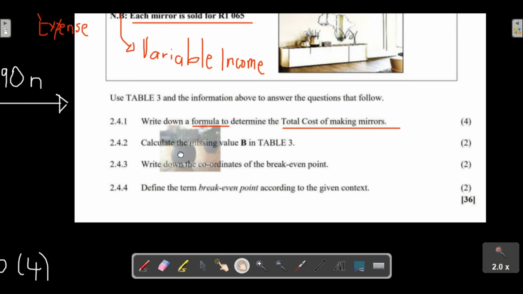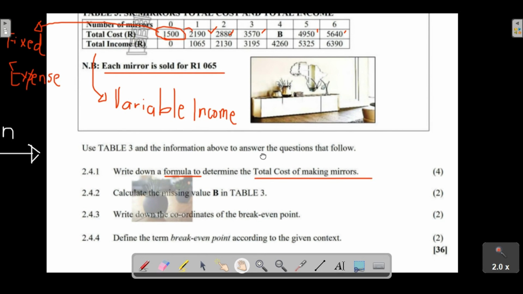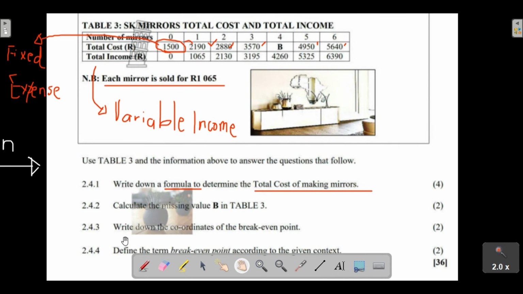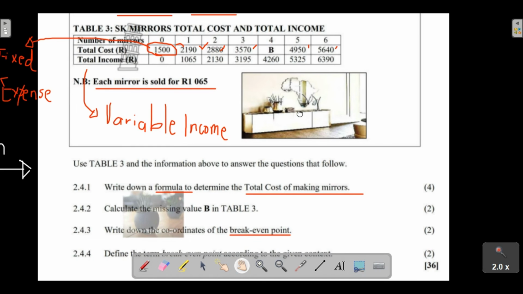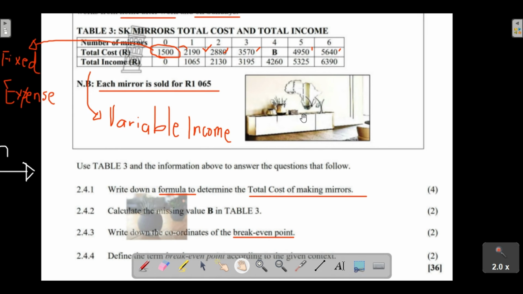Right, let's head on to the next one, 2.4.3. It says write down the coordinates of the breaking point. We talked about the breaking point, guys. What did we say the breaking point is? We said this is when your expenses equal your income.